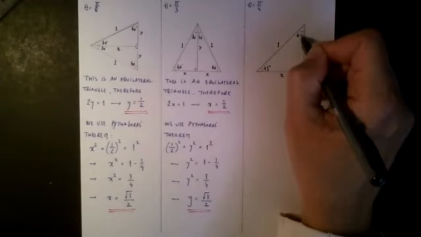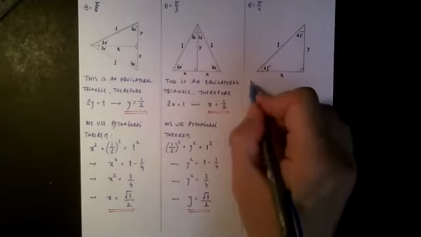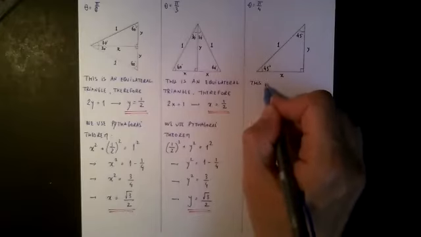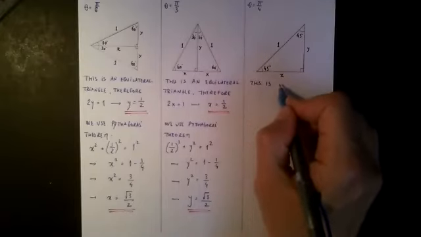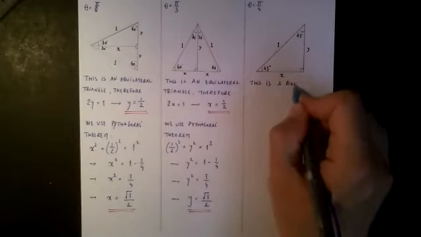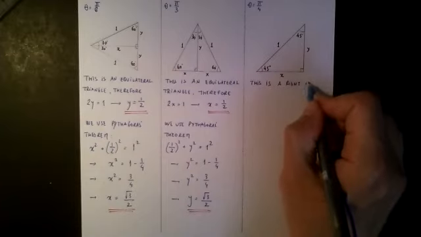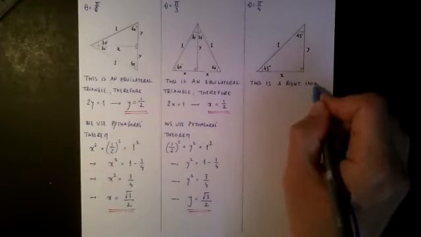Perfect. So what kind of triangle is this? This is a what? Isosceles. Well, it's a right triangle, that's for sure. But it's also isosceles, right?